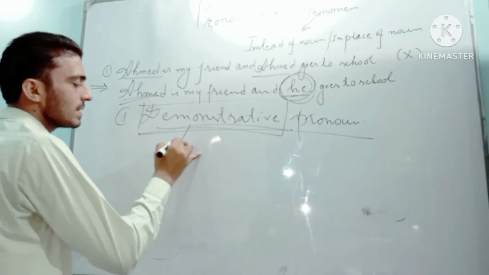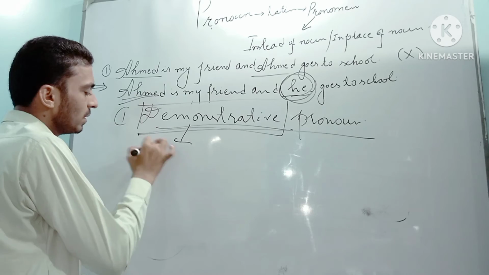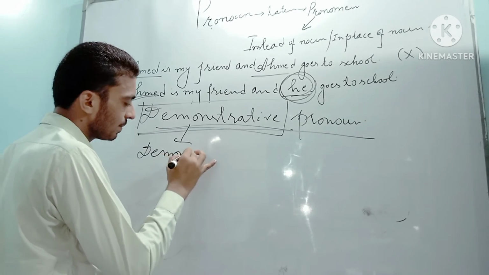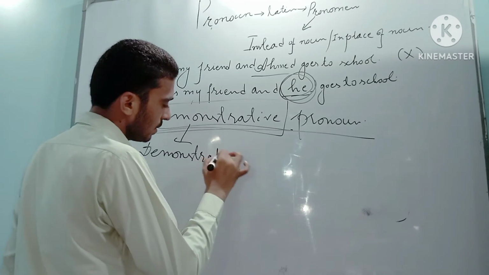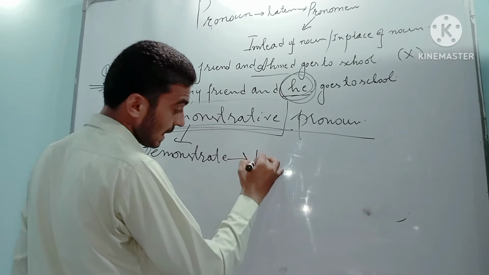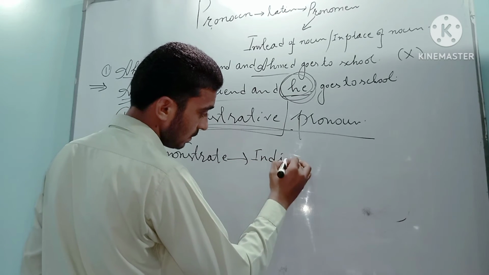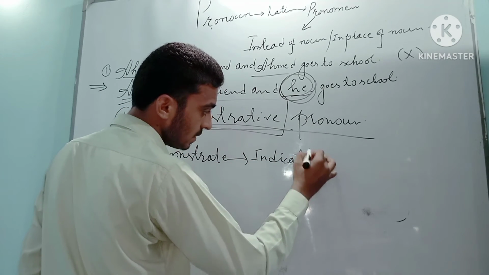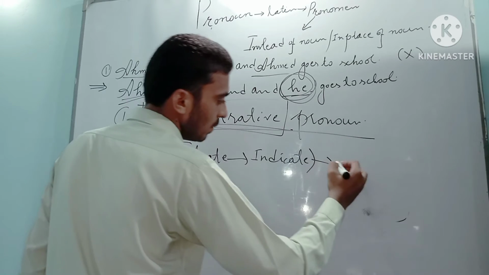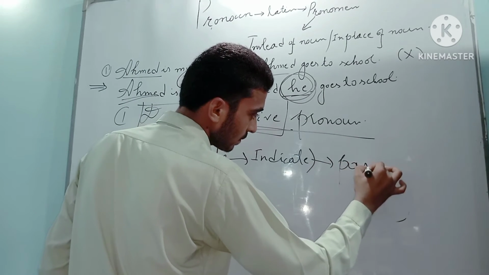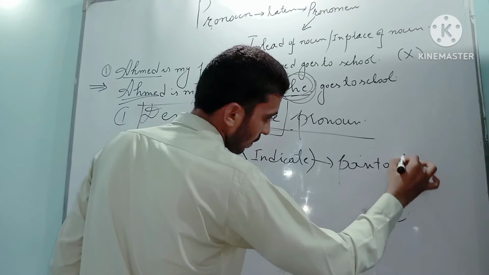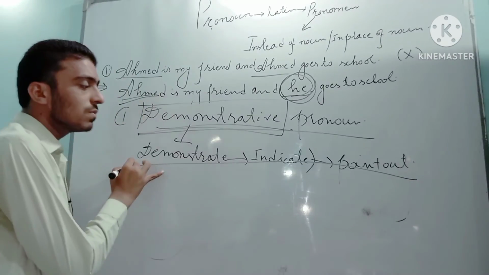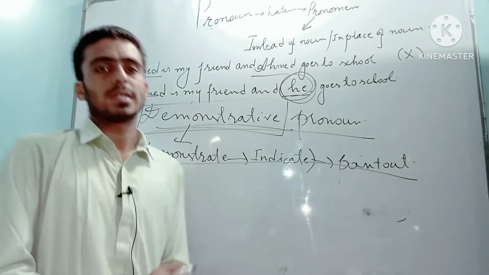Demonstrative is the adjective form of demonstrate. Demonstrate means indicate, or in simple meaning, point out. So these are the pronouns which are used to demonstrate something.